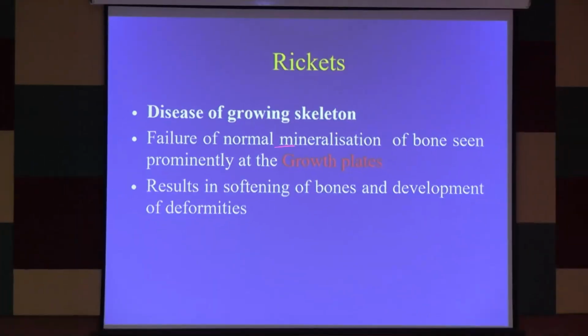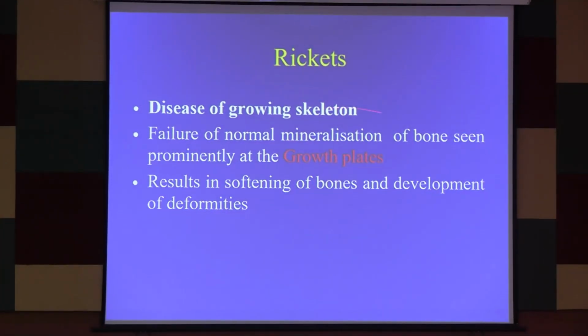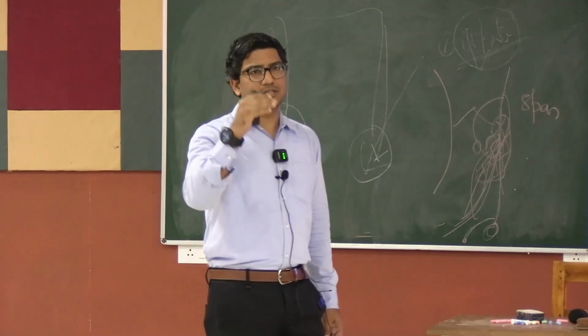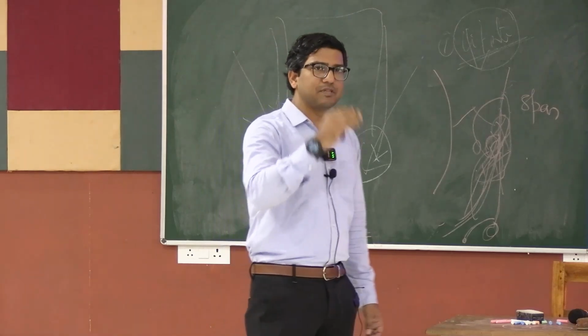Okay. So since there is defective mineralization, the bone becomes soft and it impacts the growth plate. You know the anatomy of bone. At the end of the bone there is a growth plate, that is the physis, metaphysis, physis and epiphysis. So the growth happens in this region.